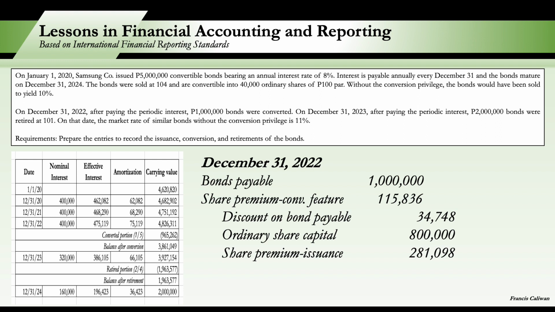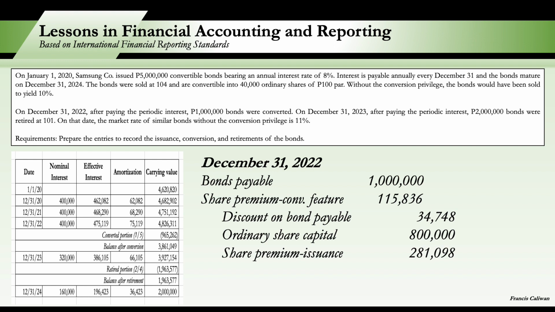What's our ratio? So the bonds were sold at one offer and convertible into 40,000 ordinary shares. So 40,000 ordinary shares times 20%, that is 8,000 shares times par value of 100. So our credit to ordinary share capital is 800,000. And the balance is credited to share premium issuance. That's 281,098.